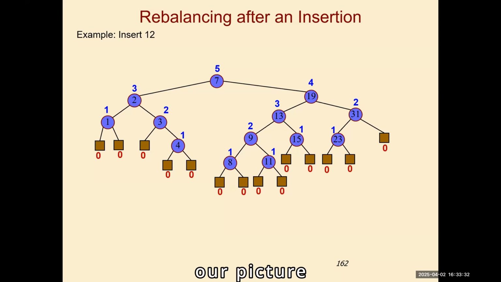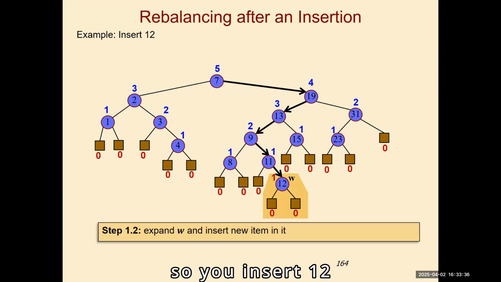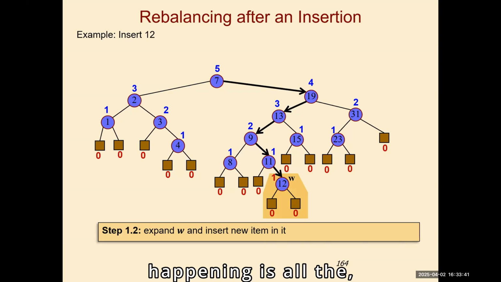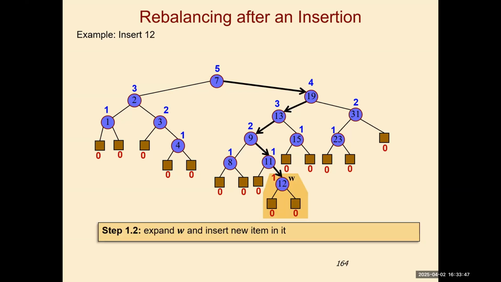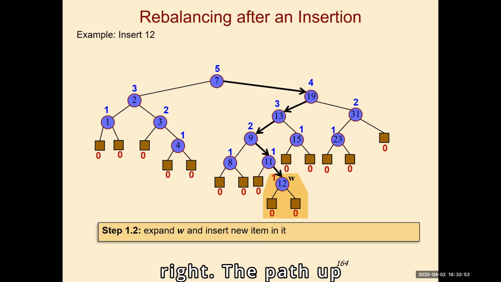So if this is our picture, and they say insert 12, so you insert 12. And you'll see what's happening is all the heights, did the heights change already? No, they're going to change. 12's now of height 1. So the path up all got 1 longer.